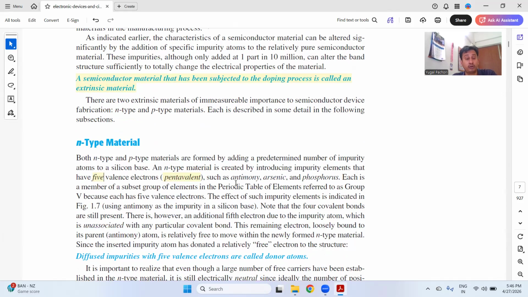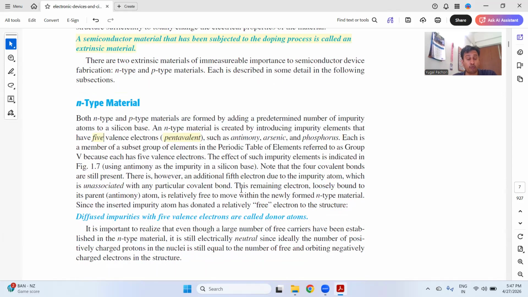Examples of pentavalent impurities are phosphorus, arsenic, antimony, and bismuth also. So when you add a pentavalent impurity to the semiconductor, which is initially in pure intrinsic form, it becomes N-type.